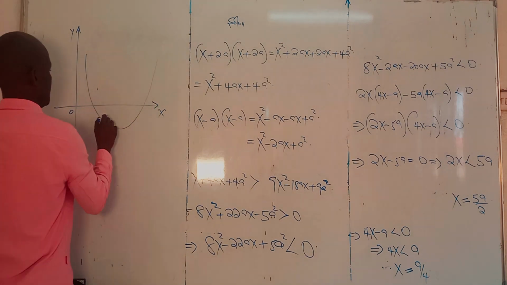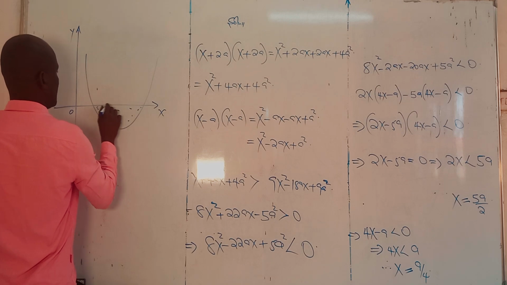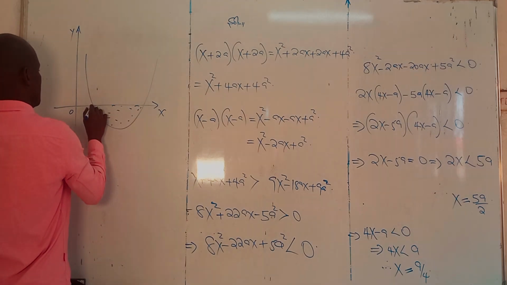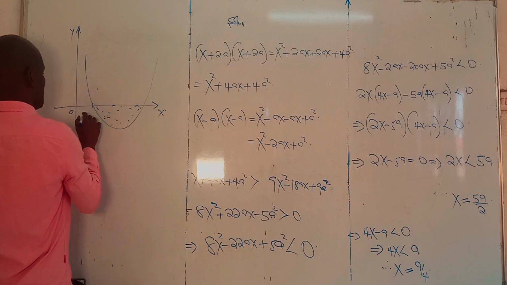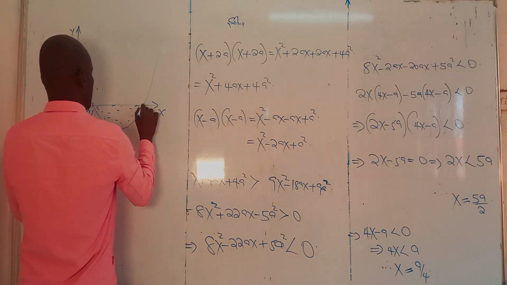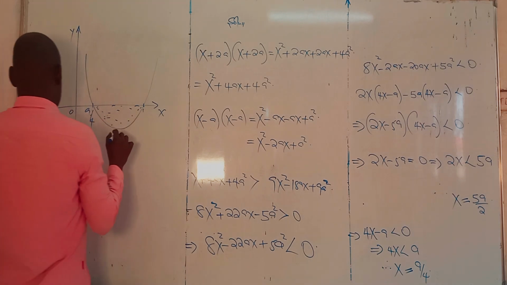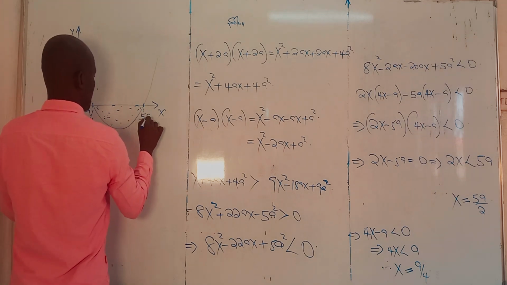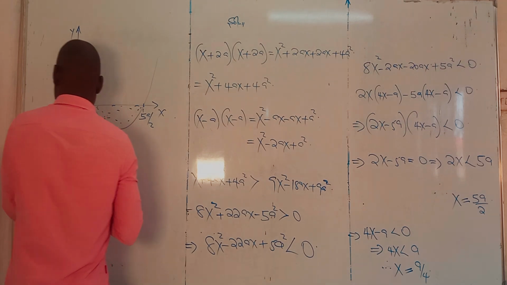And just like what we had the other time, you'll see that this point, which is not included because it's strictly greater than, is a over 4. And this, which again is not included, is 5a over 2.